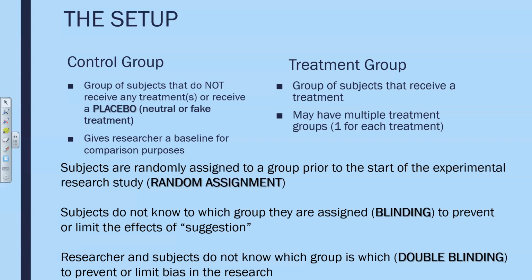Because if I know you're in a certain group, I may ask a question differently, in a certain way to evoke a certain response, and that could cause issues in the research. So blinding is where typically the subjects do not know which group they're in. Double blind is where neither the subjects nor the researcher knows which group is which.